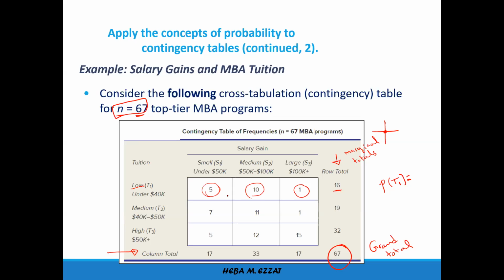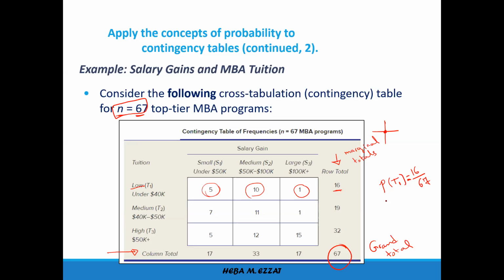Here I'm looking for the 16 divided by 67. So we have at the denominator the grand total of all the cases. So of all the cases, we have only 16 who have attended the low tuition.